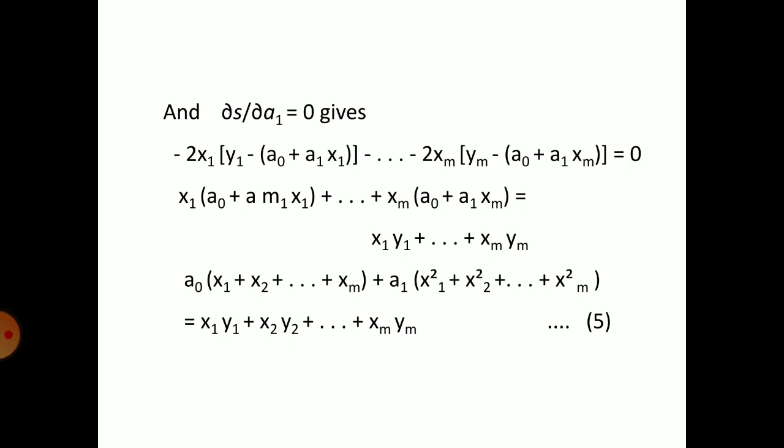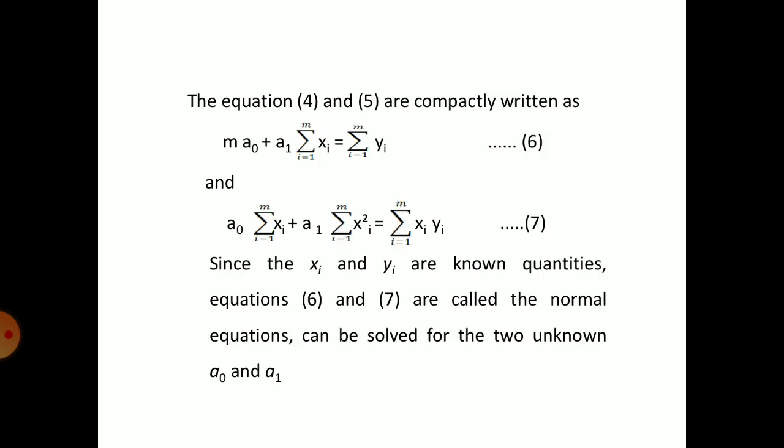These both equations 4 and 5, compactly using summation symbol, can be written as equations number 6 and 7. This is equation 4 written in compact form using summation symbol. This is equation number 5 written using summation symbol. Equation 6 is obtained by differentiating equation 3 partially with respect to a0, and equation 7 is obtained by differentiating equation 3 partially with respect to a1.